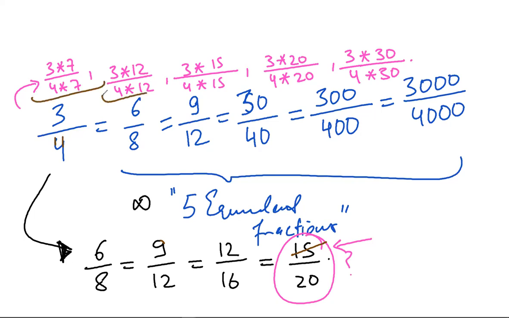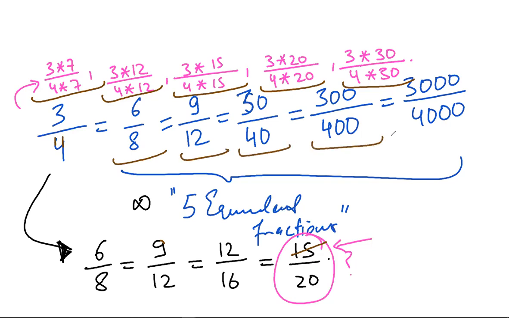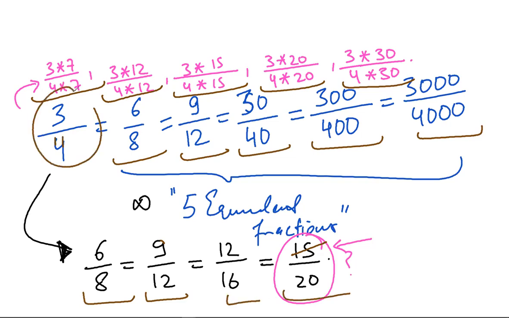Mr. Satya, have you understood? Yes, sir. I can write an infinite number of equivalent fractions. Nobody can stop me, till the time they reduce to this mother fraction. Have you understood? This is the mother fraction. So this would be 3 by 4, this would be 3 by 4, this would be 3 by 4.